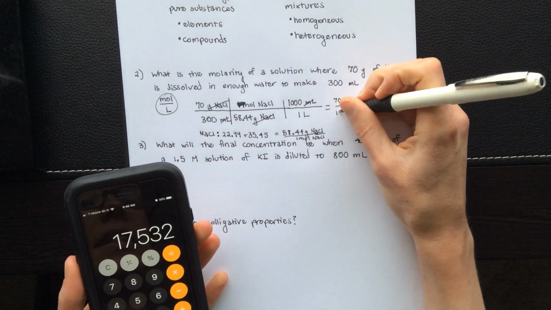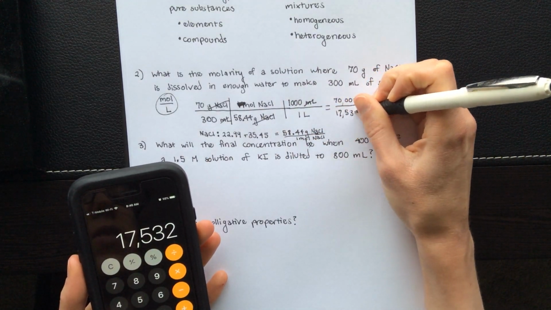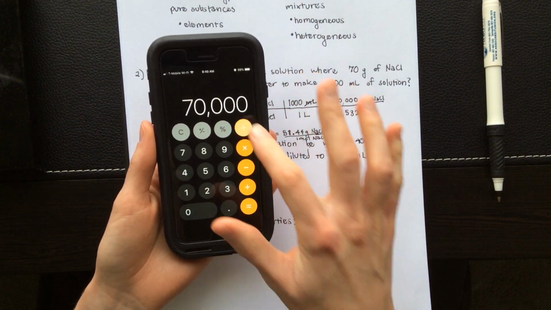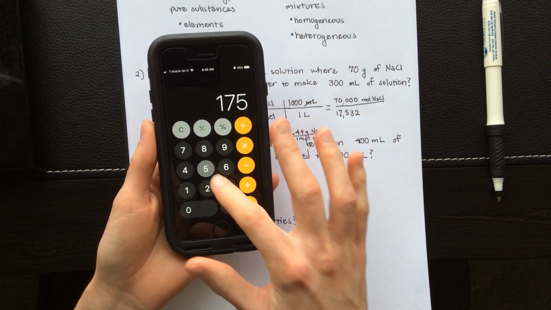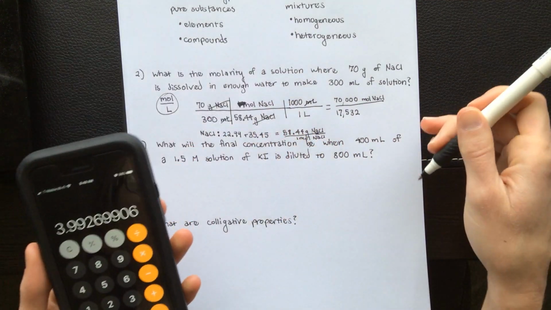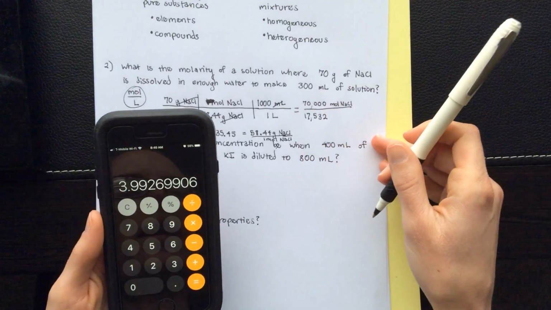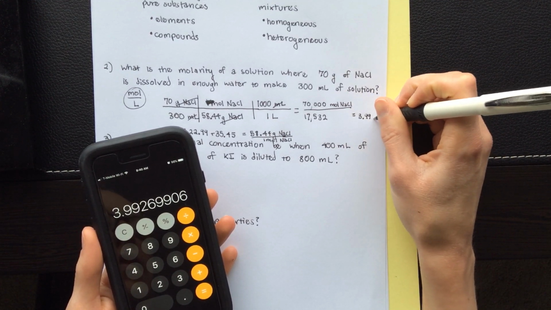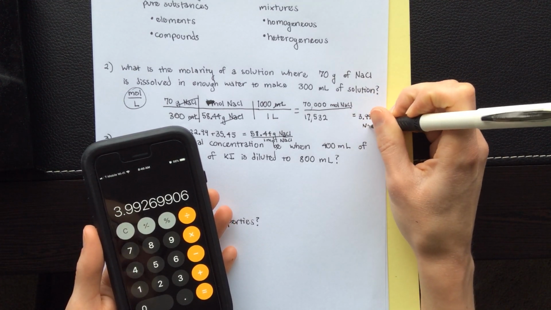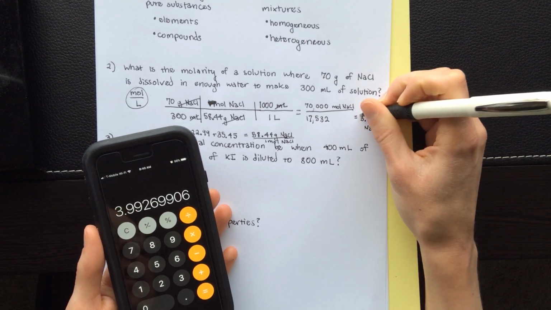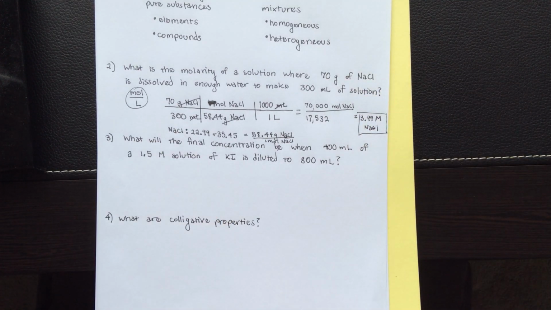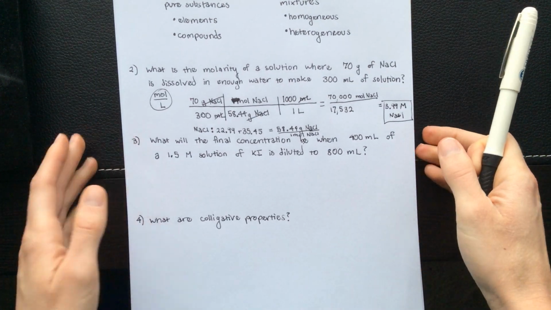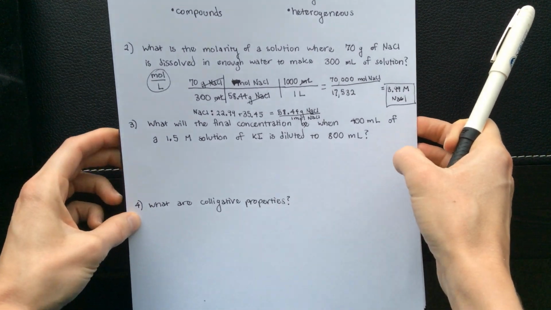That's going to be 17,532. And then we'll divide those. And I got about 4, so 3.99 or 4. So that is the molarity of that solution. And you can write molarity with a capital M, or you can write it as moles / liters. But the test is going to be multiple choice, so it doesn't really matter.